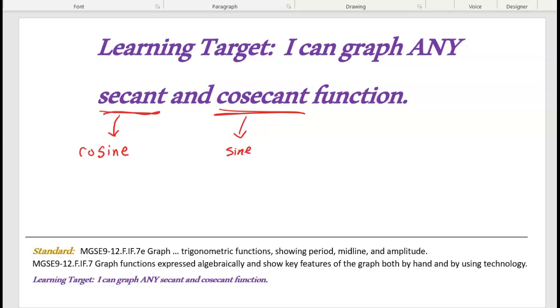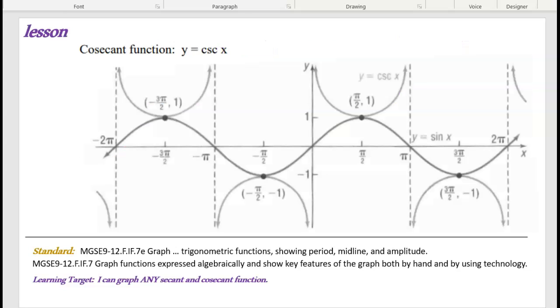All right, so let's look at the original graph of cosecant. The cosecant graph is, I call it, an inversion of sine. For the sake of consistency, I'm going to graph y equals sine of x in orange.